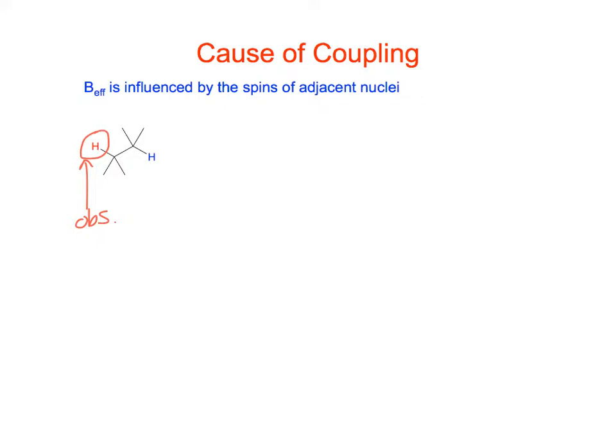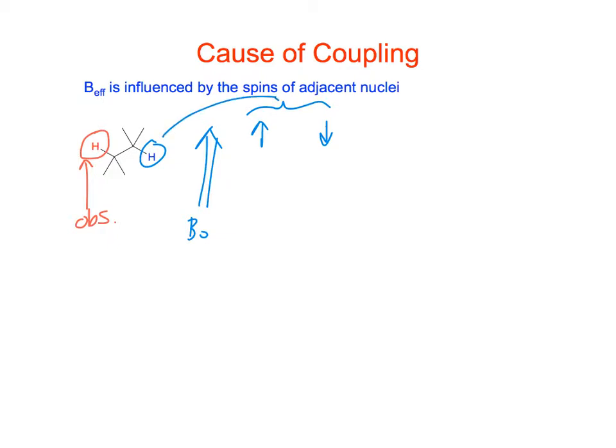The adjacent proton, if the magnetic field is going in this direction, can either be aligned with the magnetic field or opposed.